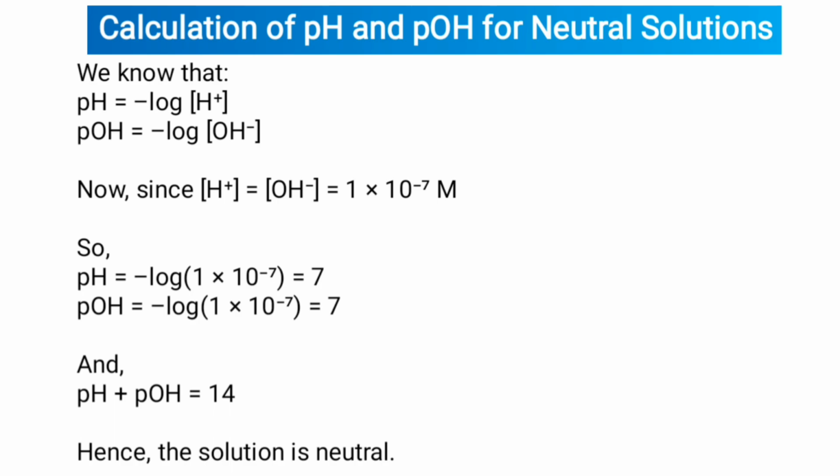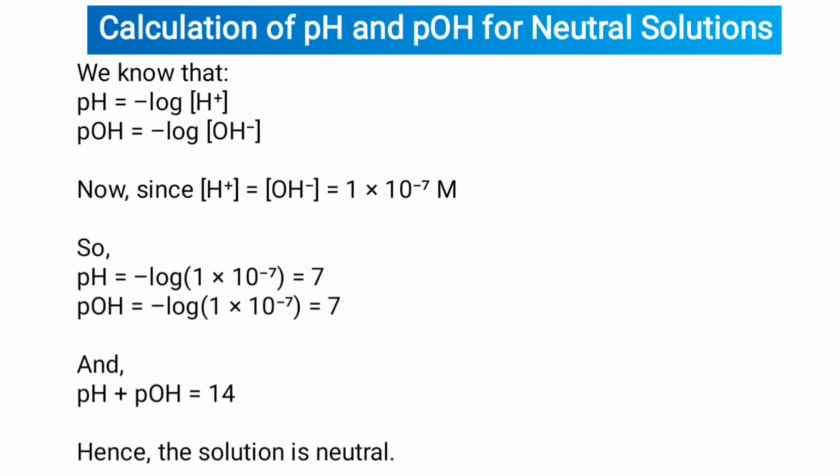Now, calculation of pH and pOH for neutral solutions. My dear student, we know that pH is equal to negative log of the concentration of H+ ion and pOH is equal to negative log of the concentration of OH- ion. Now, since the concentration of H+ is equal to the concentration of OH-, which is equal to 1 multiplied by 10 raised to the power minus 7 M, pH is equal to negative log of 1 multiplied by 10 raised to the power minus 7, which is equal to 7.